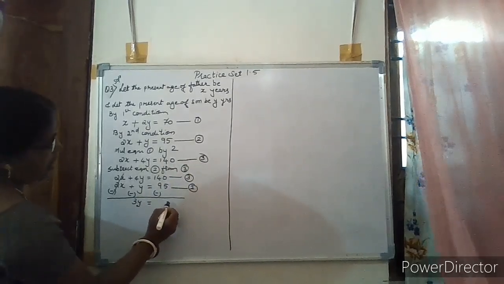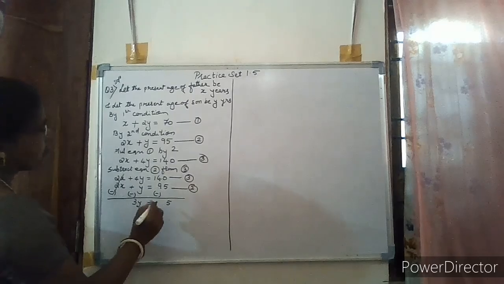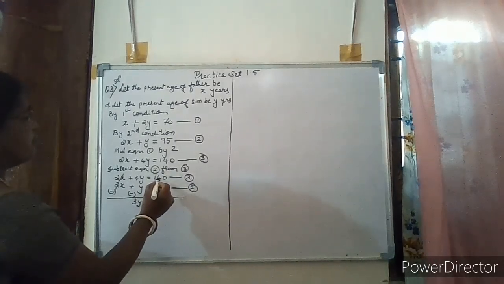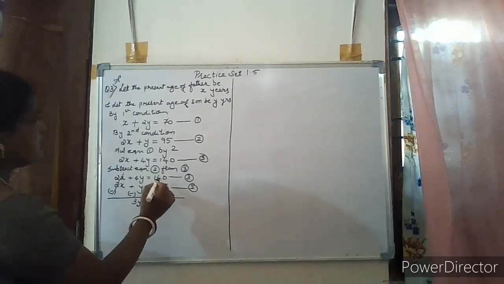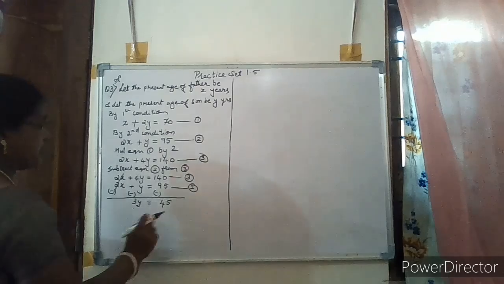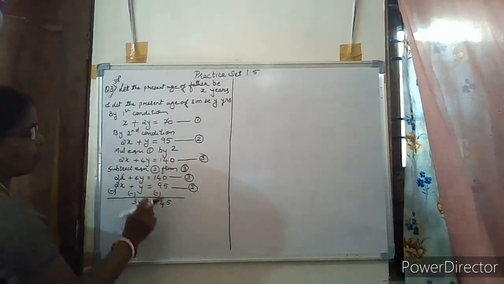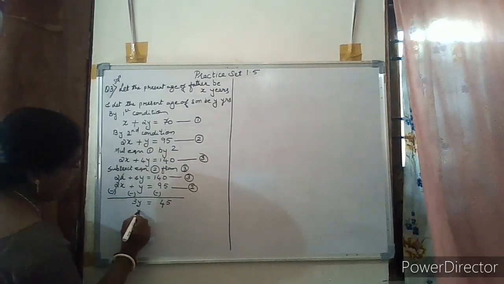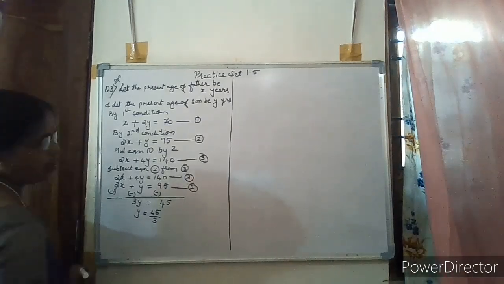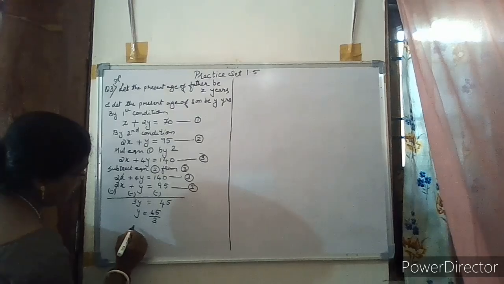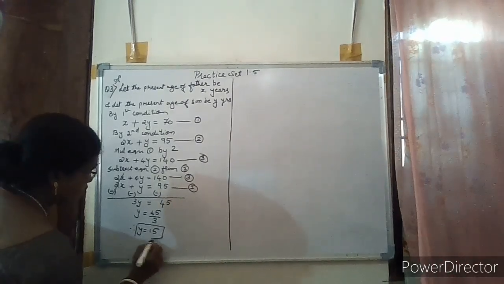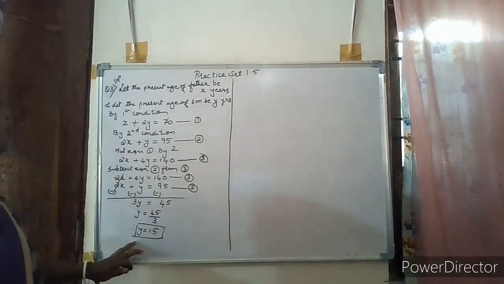So you get 45. Sign of the greater number is positive. So y is equal to 45 by 3. 3 fifteens are 45. Therefore y is equal to 15. We got the value of y.